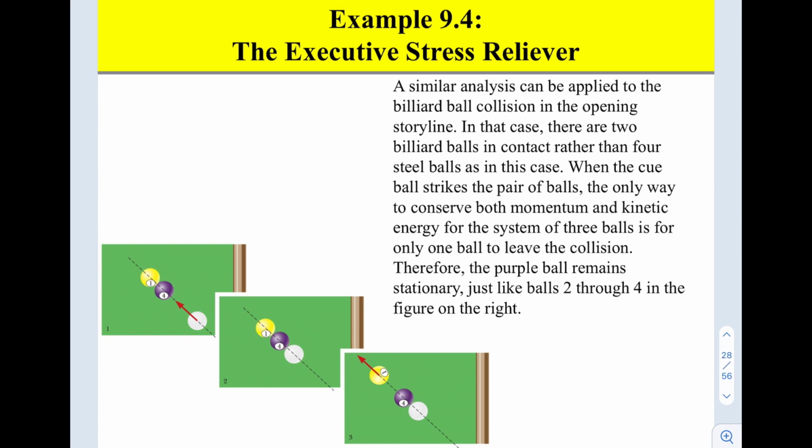When the cue ball strikes the pair of balls, the only way to conserve both momentum and kinetic energy for the system of 3 balls is for only 1 ball to leave the collision. That is the reasoning. Therefore, the purple ball remains stationary, just like balls 2 through 4 in the figure on the right.